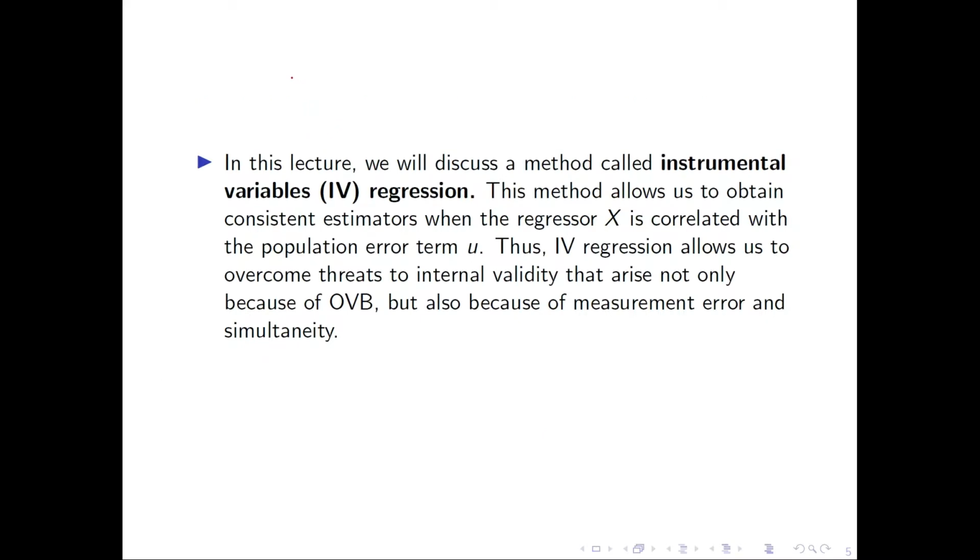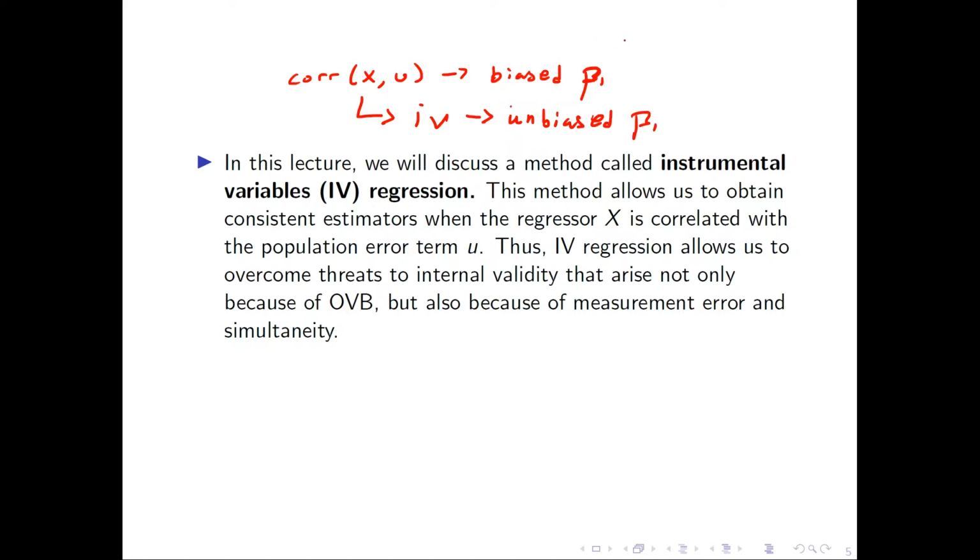So if we have correlation between the x and the error term, then we get a biased beta, the biased slope. But even if we have correlation between the x and u, we can use something called instrumental variables regression, and we would hopefully get an unbiased beta.